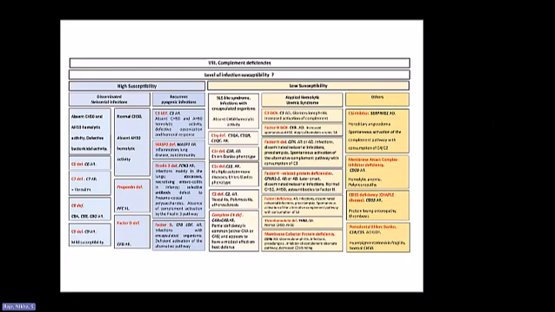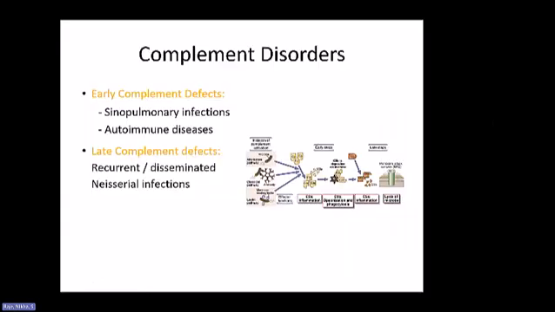Factor I deficiency presents with infections. Also, factor H deficiency can present with infections along with the atypical HUS. I'm not going to go into the details of HAE, but of course, C1 esterase inhibitor defect can lead to HAE.